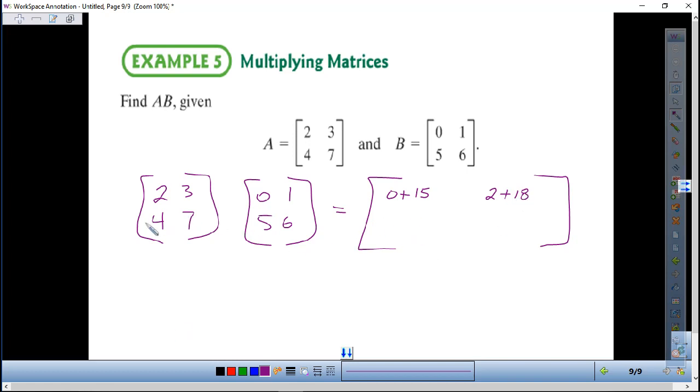Element 2, 1 here, I'm going to do row 2, column 1, 4 times 0, 0, plus 7 times 5, 35. And for my last one, my 2, 2 element, row 2, column 2, 4 times 1, 4, 7 times 6, plus 42. All right, and then when I simplify all that down, I'm going to get 15, 20, 35, 46. And there is the product of matrix A times matrix B.